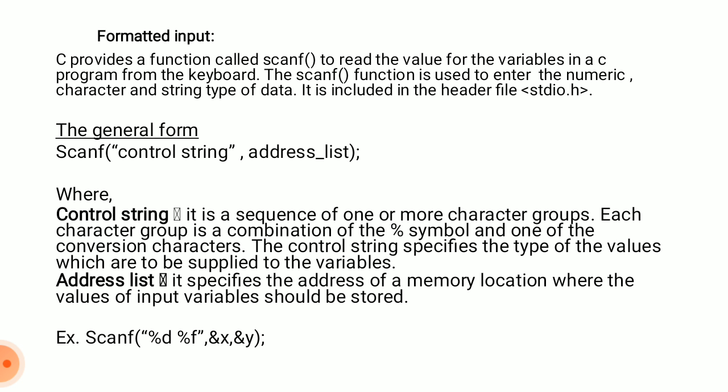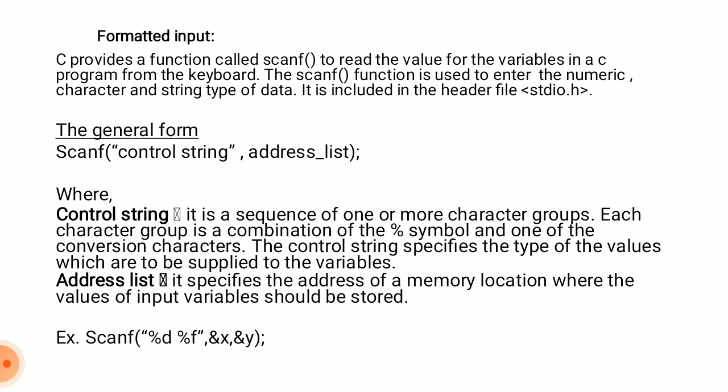Okay. The control string is a sequence of one or more character groups, and each group is a combination of the % symbol and one of the conversion characters, and the control string specifies the type of the values which are to be supplied to the variables. Okay. So, based on the conversion character you can specify what type of data you are reading. The conversion character may be of any type, that is an integer, a character or a floating point, whatever. Okay.